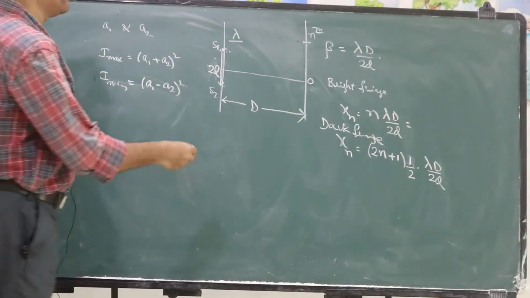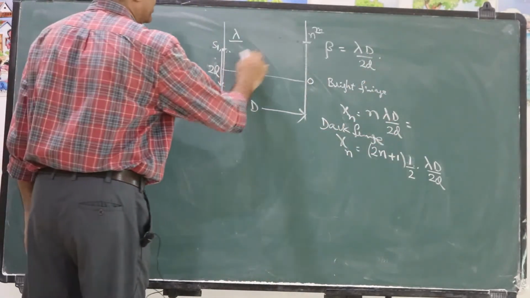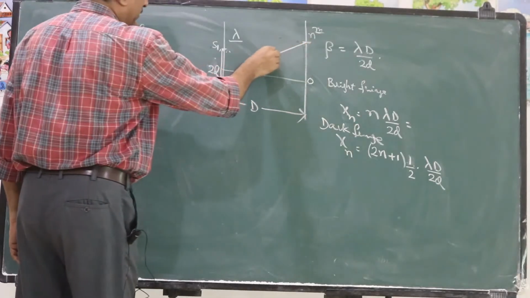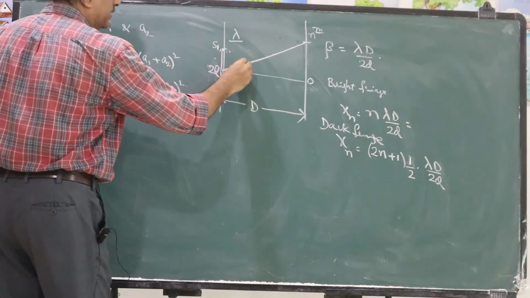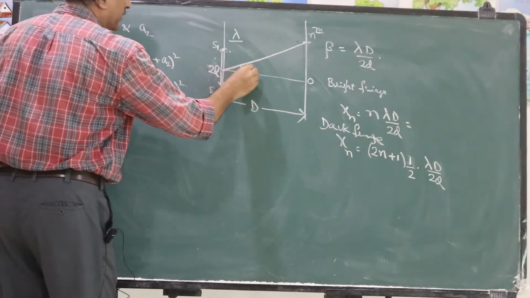Okay, and angular separation, suppose this is the position of nth bright fringe, then this is the angular width theta.